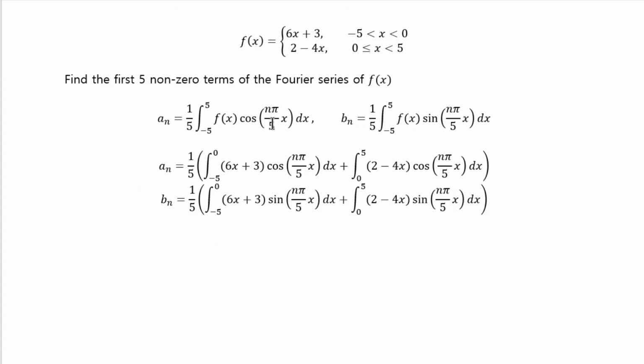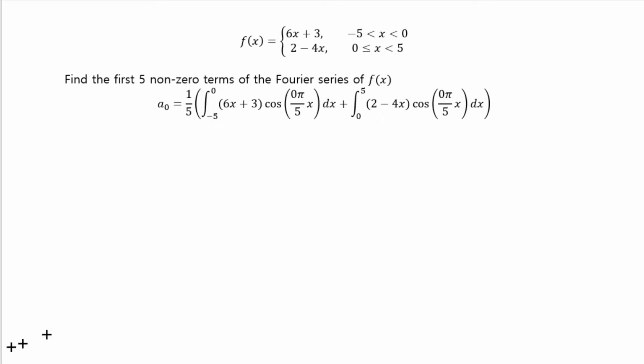Alright, so we're just going to calculate these two integrals. However, despite just having two integrals, you have to treat this first formula as two formulas, one for n equals 0 and another one for n greater than or equal to 1. And the reason for that is if you plug in n equals 0, you get cosine of 0.